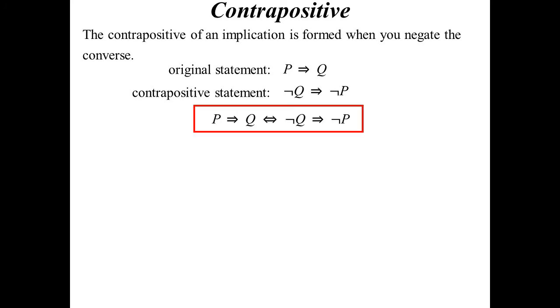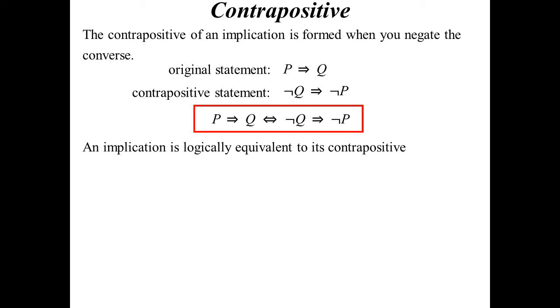And they are equivalent to each other. So sometimes if you're asked to prove that P implies Q, it can be easier to prove that not Q implies not P. And if you prove that, then you can say, oh, hence P implies Q by contraposition. They are indeed logically equivalent.